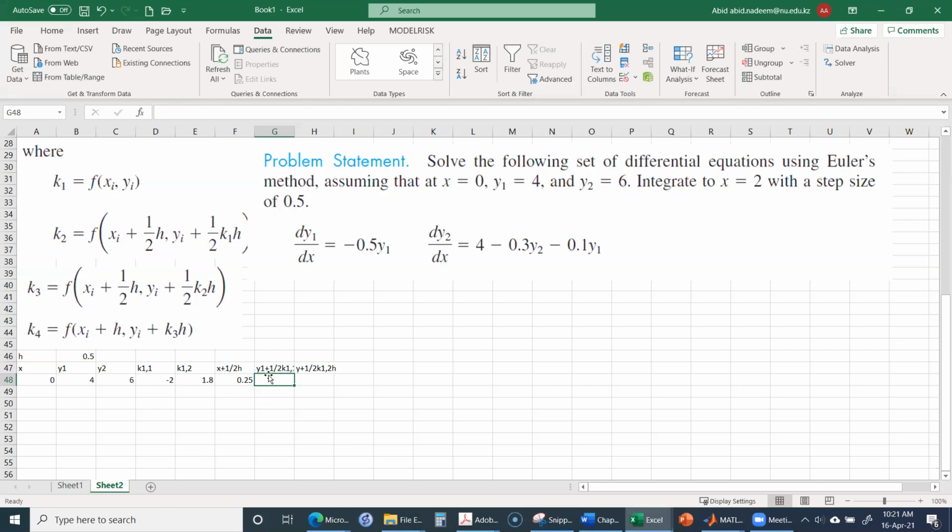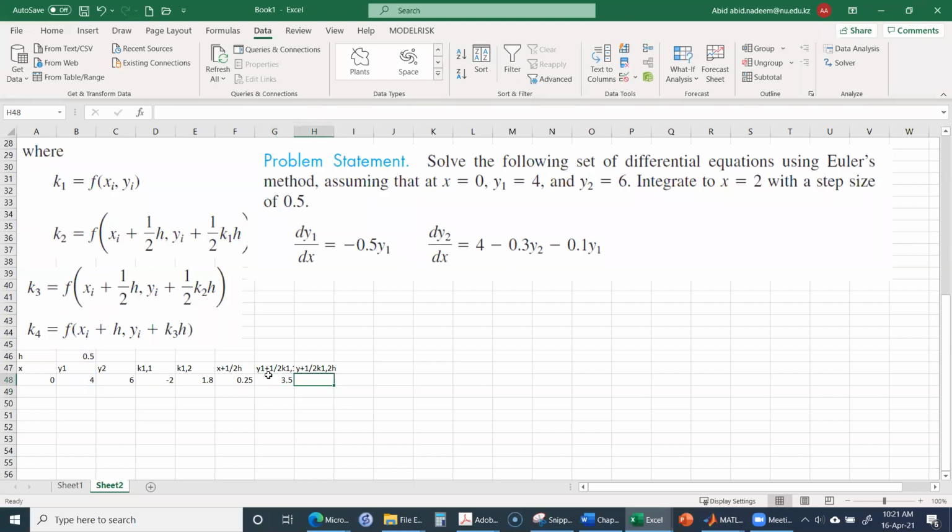It will be calculated as the previous value of y1, that is the original value of y1 at the starting, plus 1 divided by 2 times k1, which is this k1 value, multiplied by the value of h. So it is 3.5.